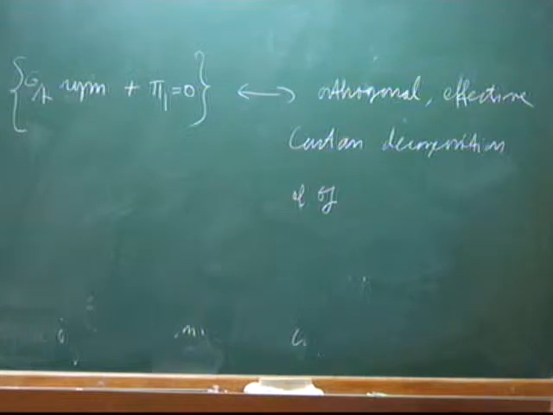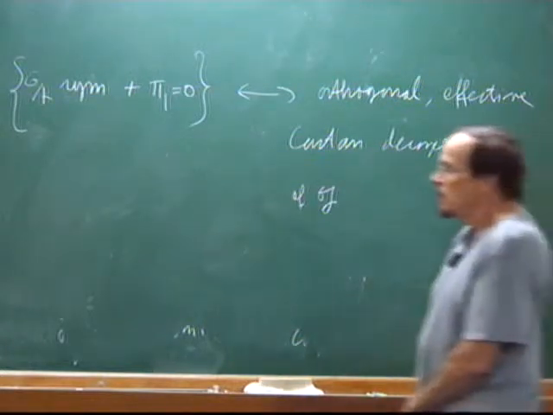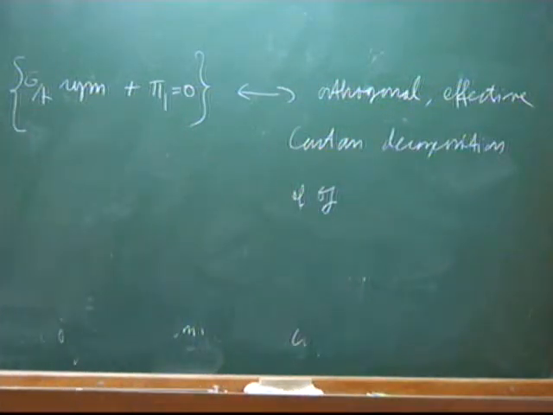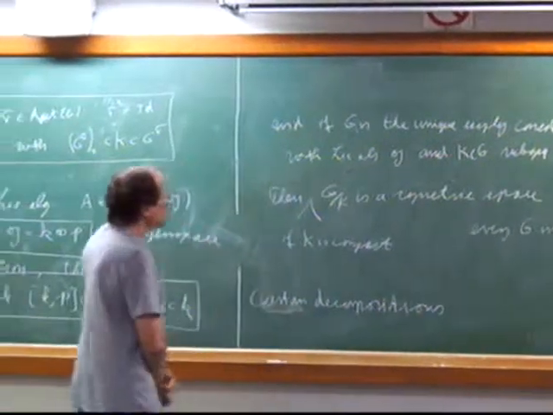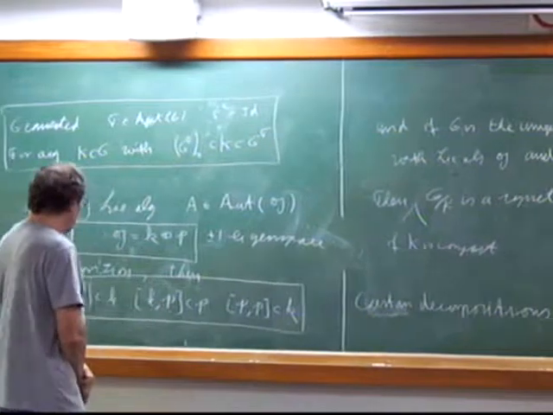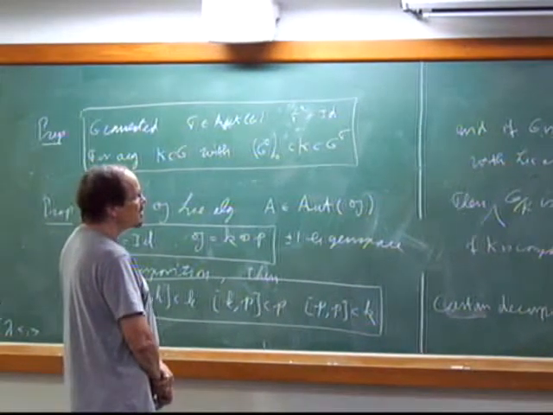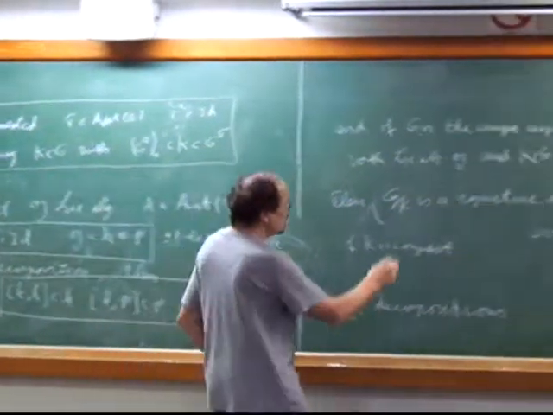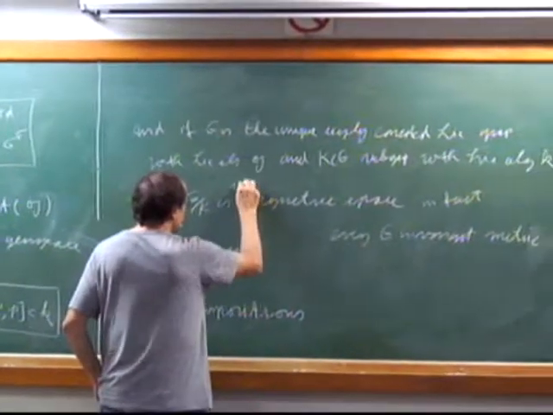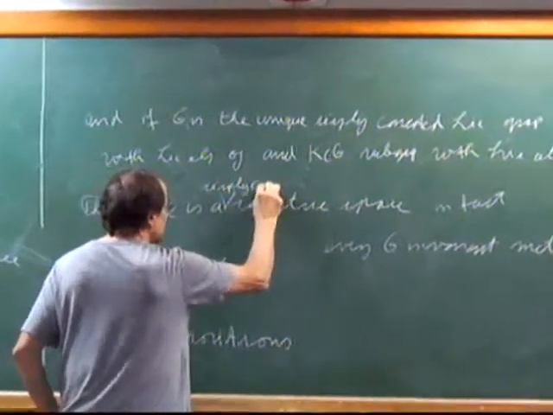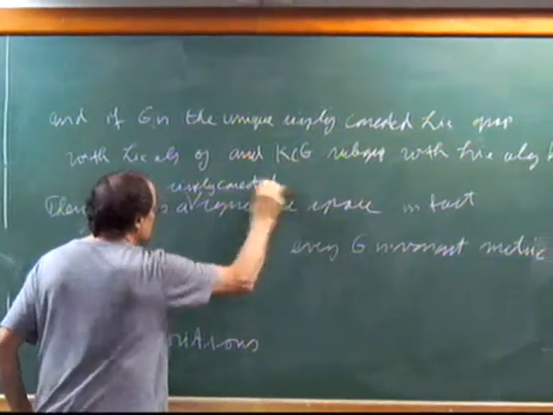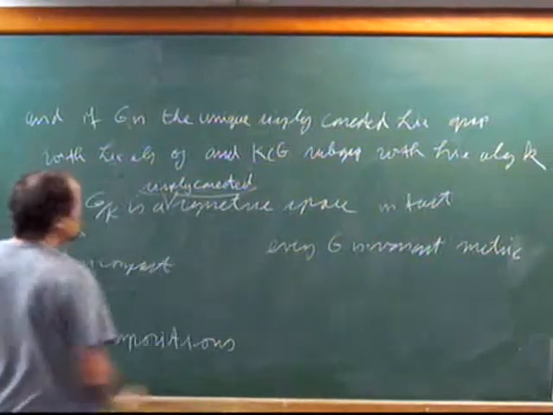So why did I add simply connected here? First notice that in this setup, it's a consequence. It's a simply connected symmetric space if I want to. I can add that. Why is that?